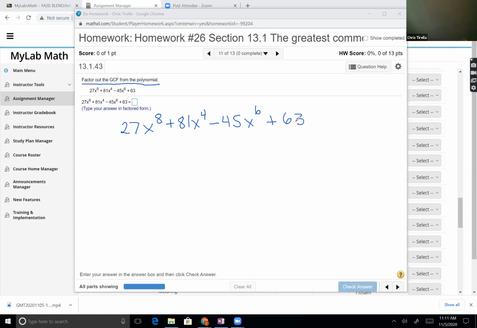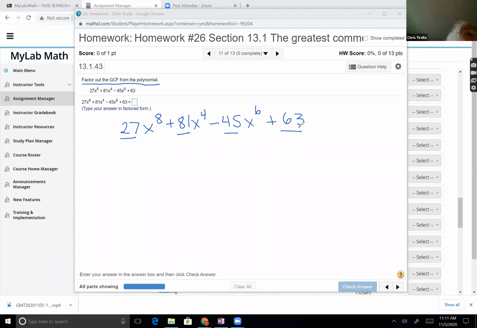Now I know some folks, in order to find the common factor of the numbers, like to do their factor tree. But I'm wondering, does anybody recognize 27, 81, 45, and 63, as all being divisible by the same number?